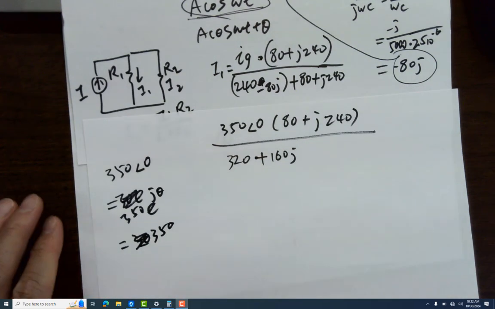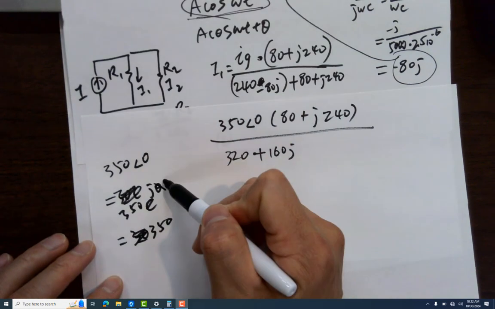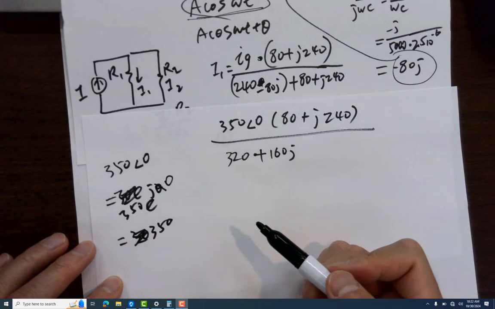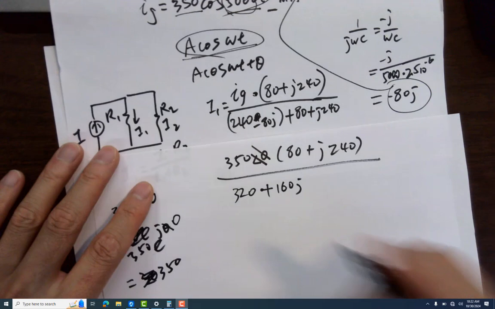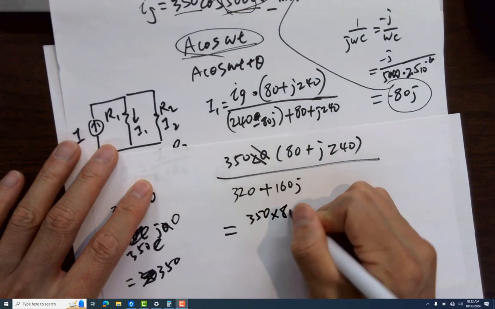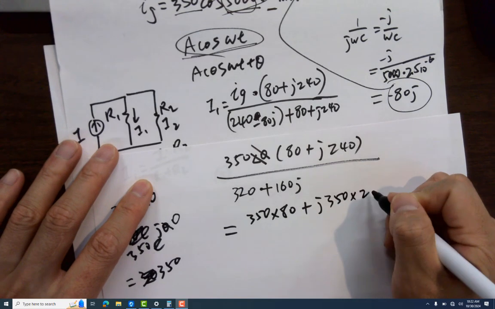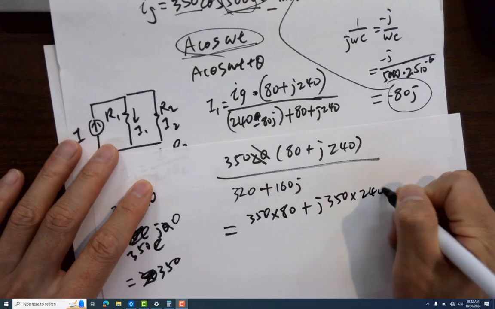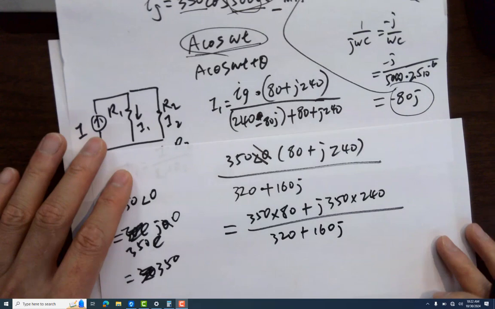The angle 0 means e to the 0, which is 1, so it's just 350. Gone. Then calculate it: 350 times 80 plus J, 350 times 240, over 320 plus 160J.